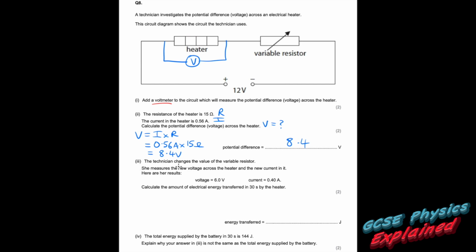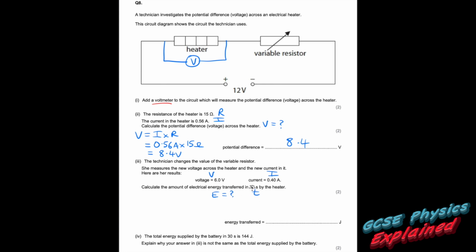Part 3. The technician changes the value of the variable resistor. She measures the new voltage across the heater and the new current in it. Here are the results. So that's the new voltage and that's the new current. Calculate the amount of electrical energy, so energy is our target, in 30 seconds by the heater.